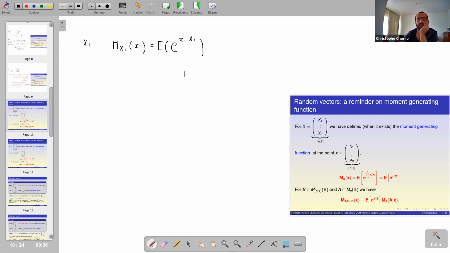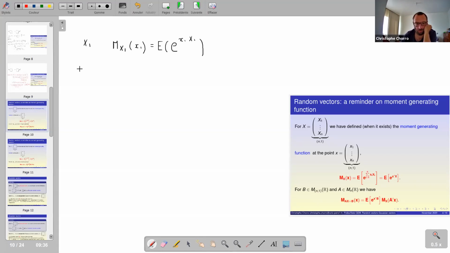And we have seen together that when it exists, this moment generating function characterizes the distribution of the random variable, and we are able to compute it explicitly in the case of Poisson, Gamma, Gaussian, and so on.